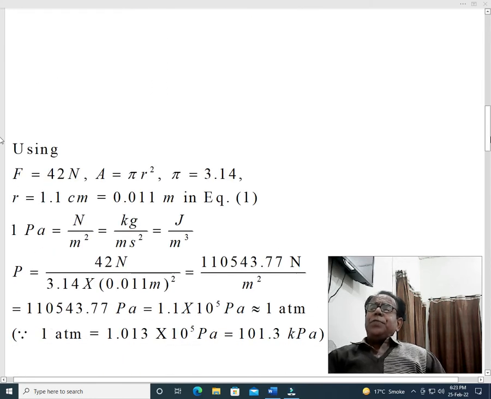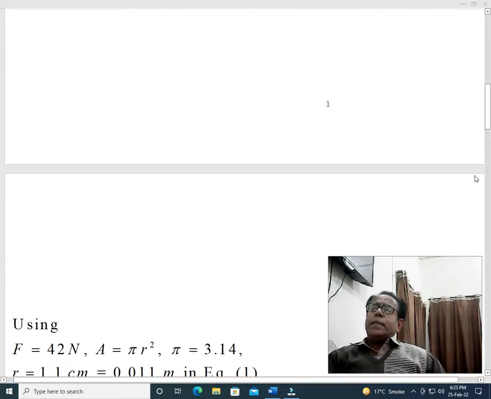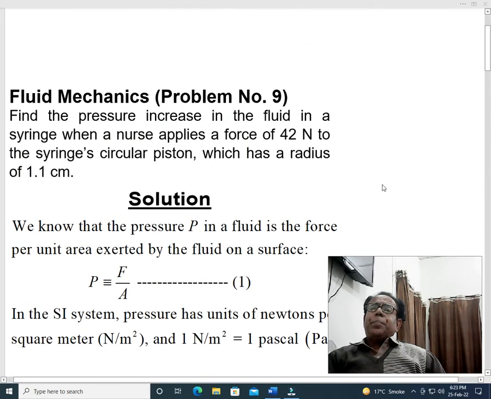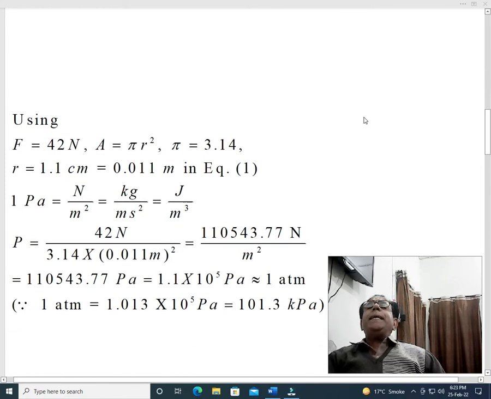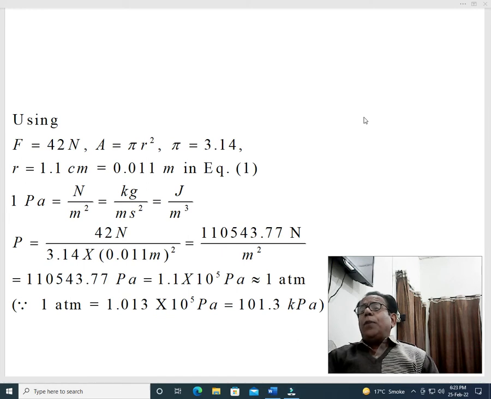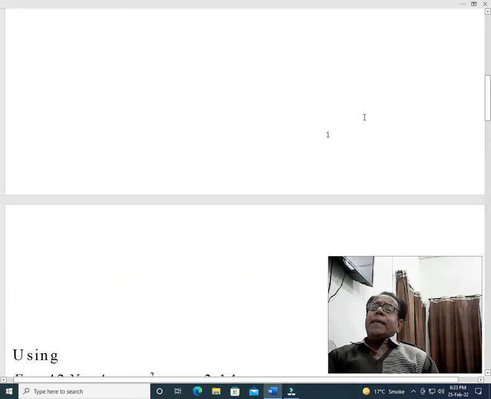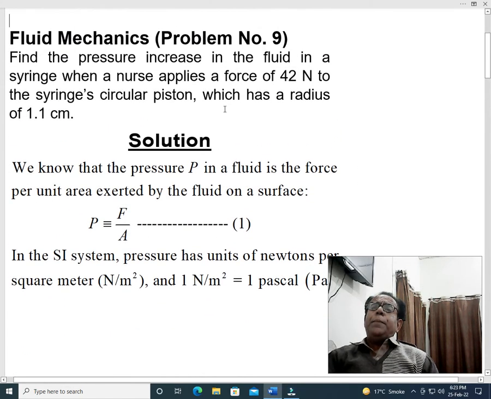Anyhow, using F equal to 42 Newton, this is given in the statement. A equal to pi r square. Dear students, the formula for calculation of area differs according to different geometrical shapes. Here a circle is involved, this is a circular piston.